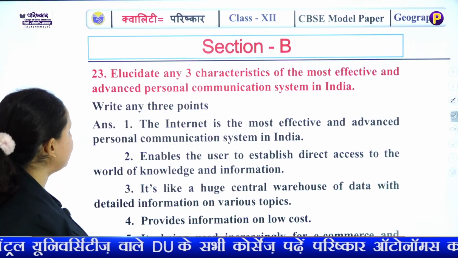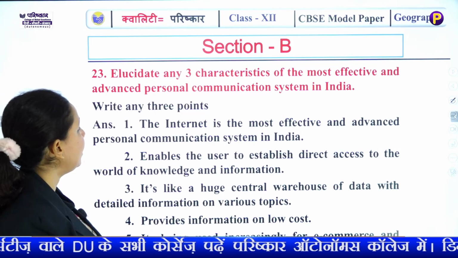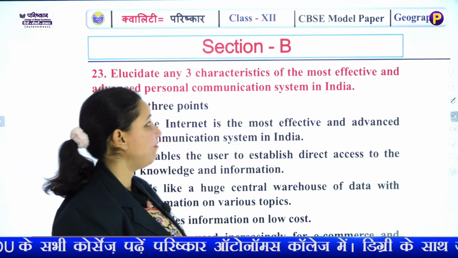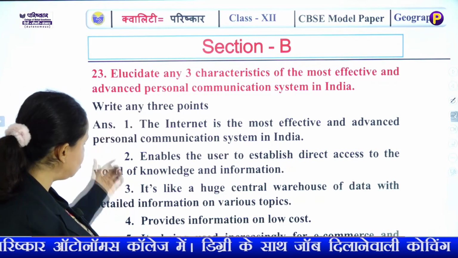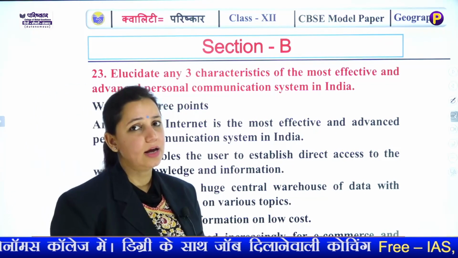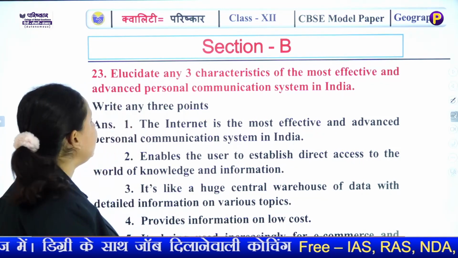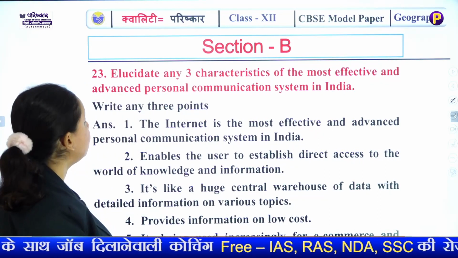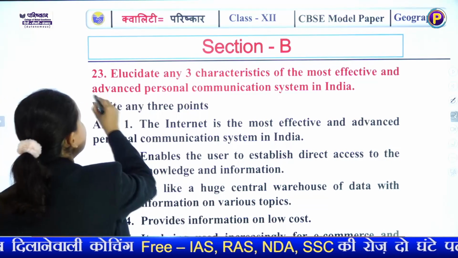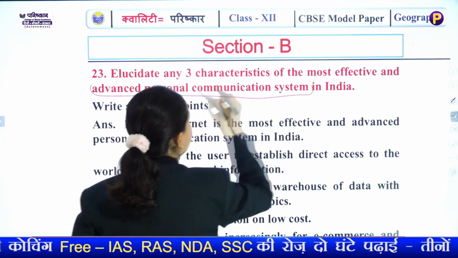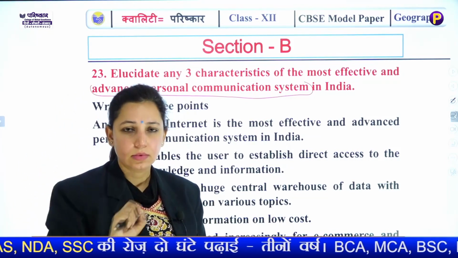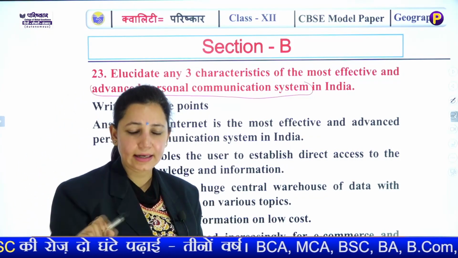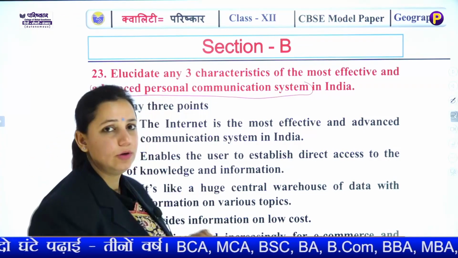Now, next question. Elucidate any 3 characteristics of the most effective and advanced personal communication in India. You can choose any 3 points and you can write. Now it is talking about the advanced personal communication system. First, read the question very carefully and correctly.